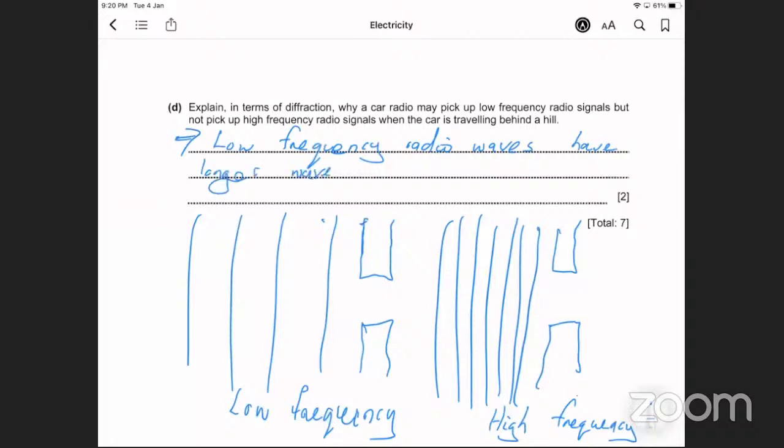Sorry about the bad handwriting. Very hard to write on an iPad here. So it's got a longer wavelength. Therefore, it will spread out more.